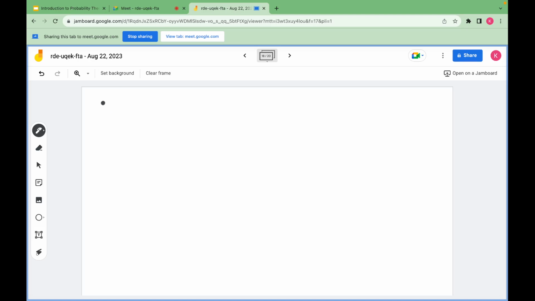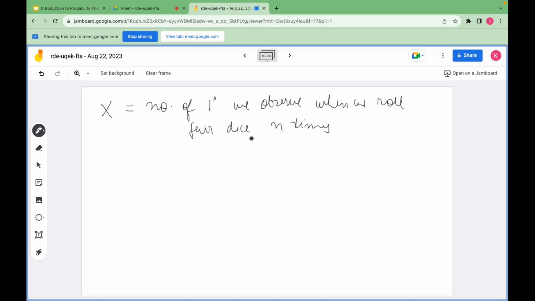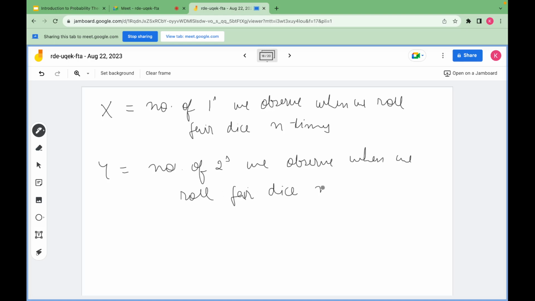So we can say x is the number of ones we observe when we roll a fair die n times, and y is the number of twos we observe when we roll the fair die n times.